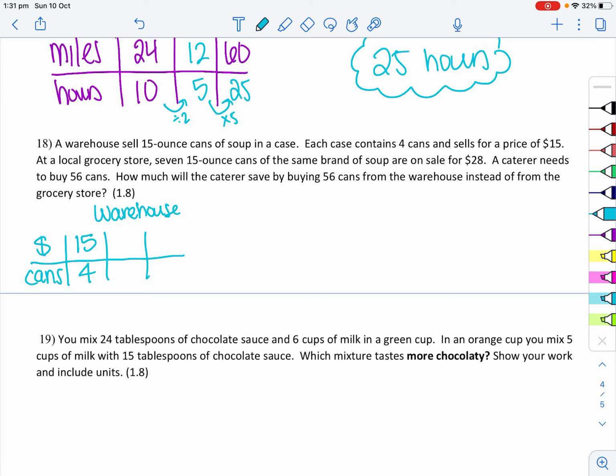And then it says at a grocery store. So I've got a grocery store. Dollars and cans. It says 7 15-ounce cans of the same brand of soup are on sale for $28. A caterer needs to buy 56 cans.